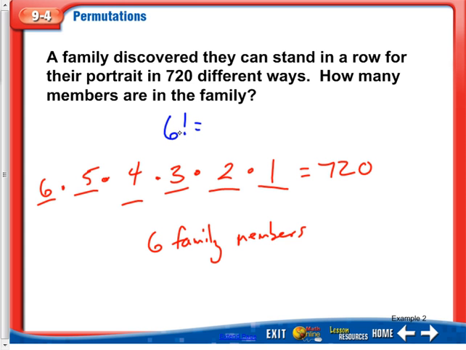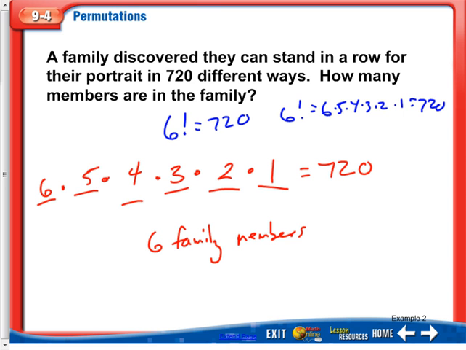So 6 factorial, that's how you read it. 6 factorial equals 720. What 6 factorial tells us to do is go 6 times 5 times 4 times 3 times 2 times 1, which equals 720.